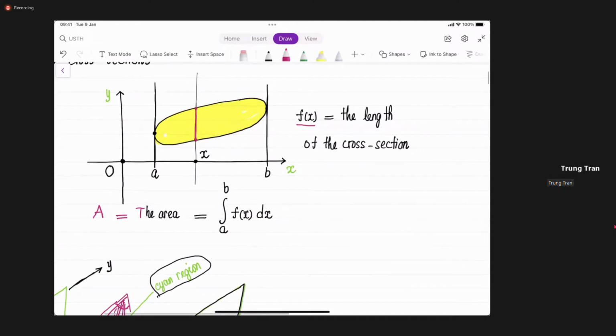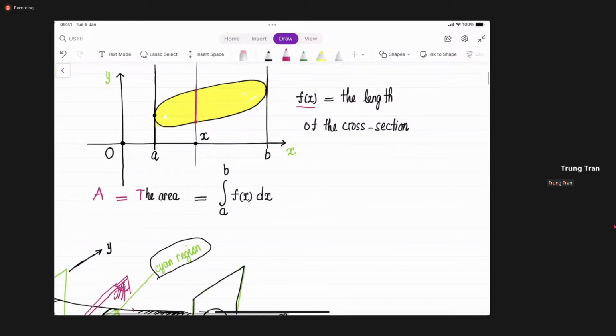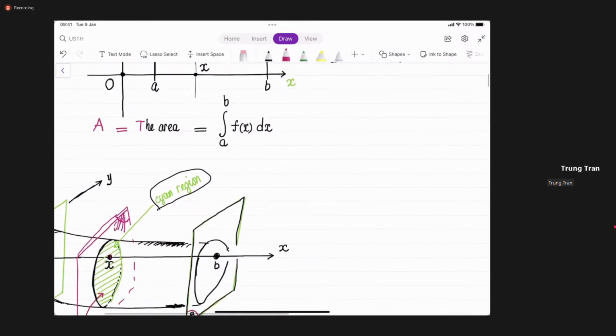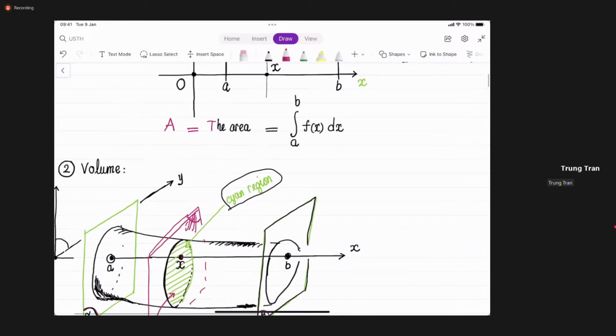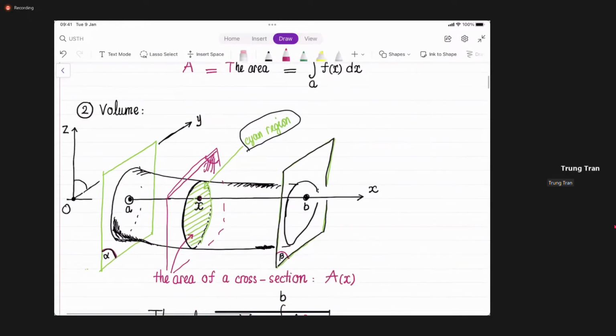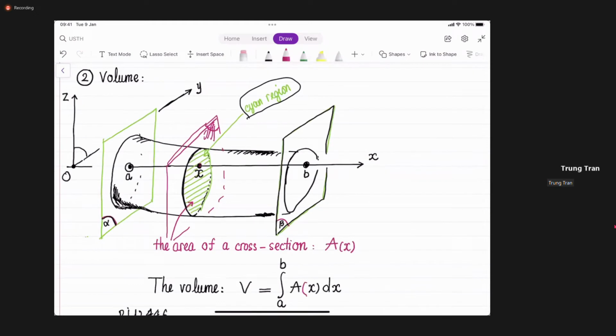And now, similar to the case of computing volume in 3-dimensional space, assume that you have some solid in the space.